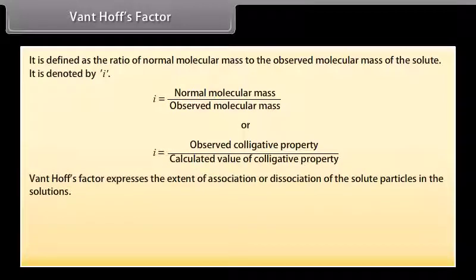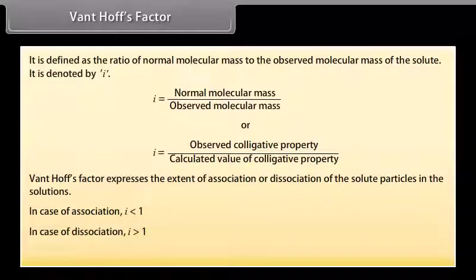Van't Hoff's factor expresses the extent of association or dissociation of the solute particles in the solutions. In case of association, i is less than 1. In case of dissociation, i is greater than 1. Neither association nor dissociation, i is equal to 1.